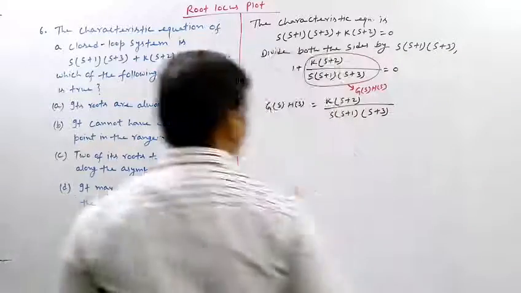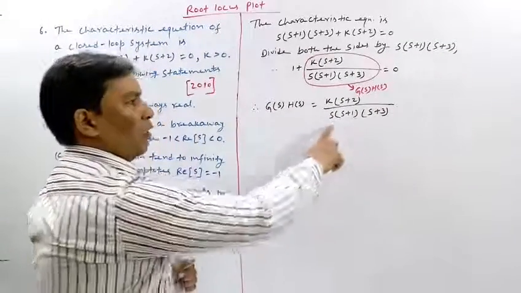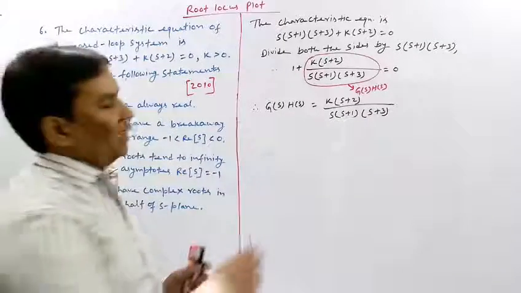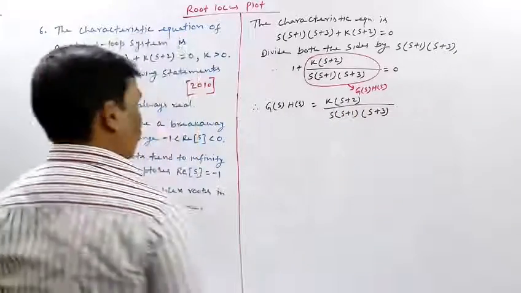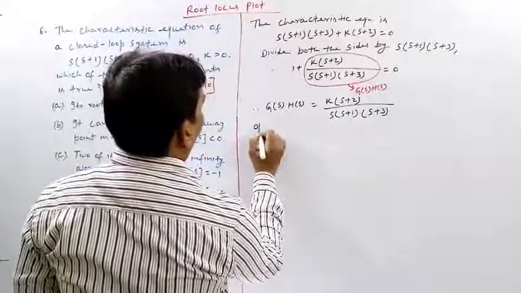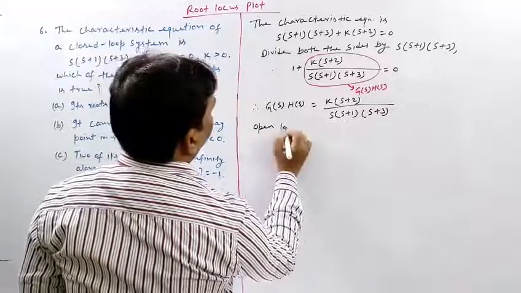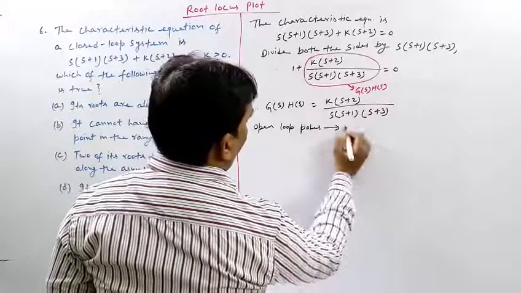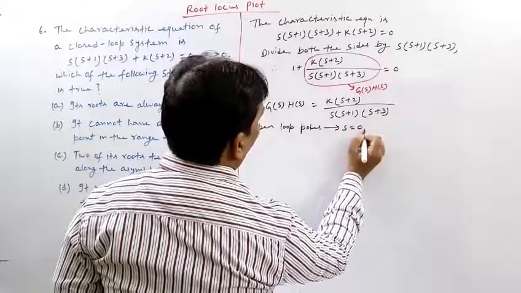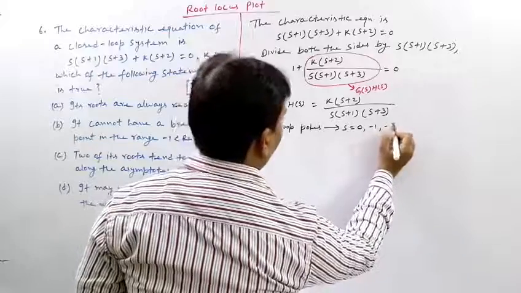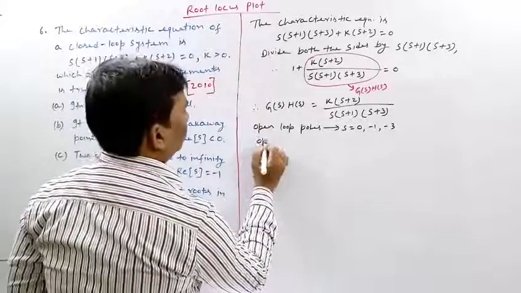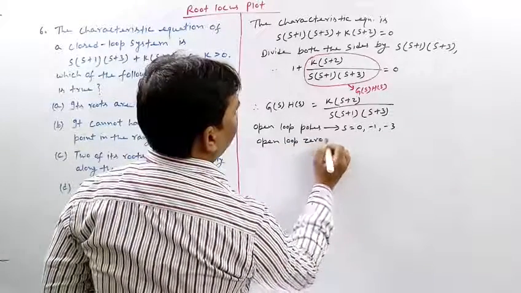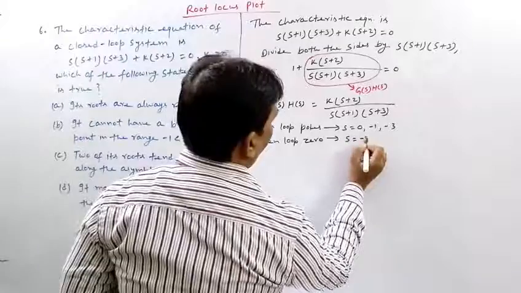So how many poles are there? There are 3 open loop poles, and there is only one open loop zero. So open loop poles are s equal to 0, -1, -3, and the open loop zero is s equal to -2.